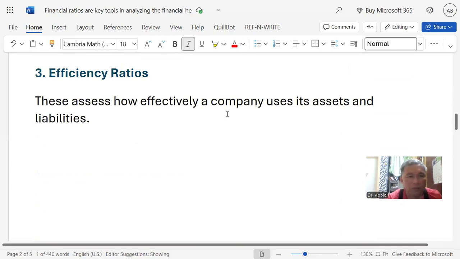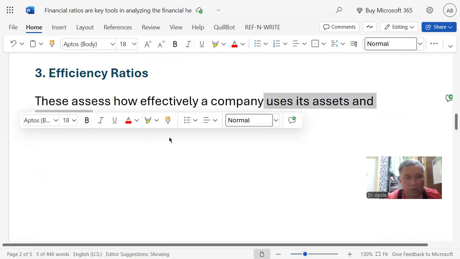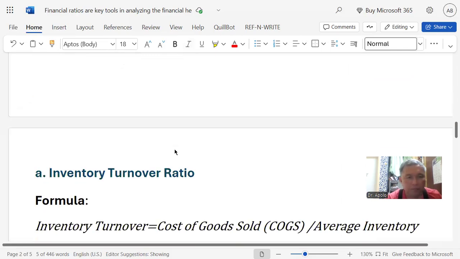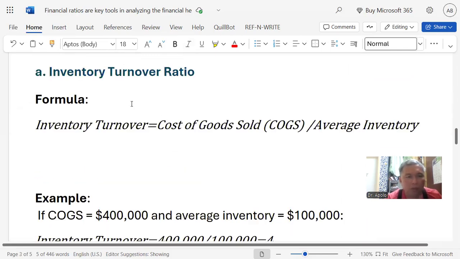Another thing is efficiency ratio. This assesses how effectively the company uses its assets and liabilities. Take note of the definition. For inventory, we have the inventory turnover formula: cost of goods sold divided by average inventory.